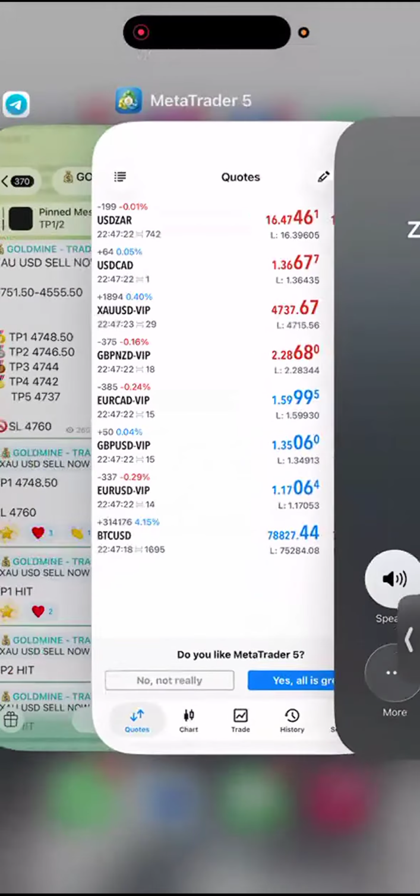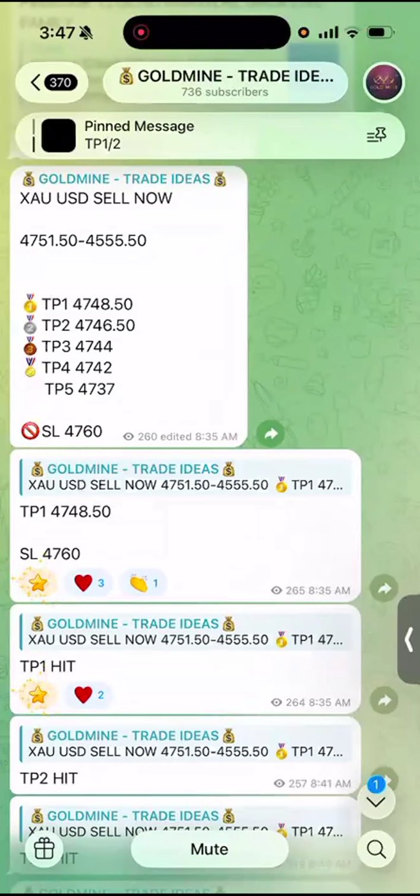If a trade is given, this trade is a sell trade, and I entered at 4751.50, I'm already seeing that from that 4751, using 0.01 to my TP1, I'll be making $3. But you that entered at 4750 are already leaving $1.50 to the market, and you are going to be making less than $2.